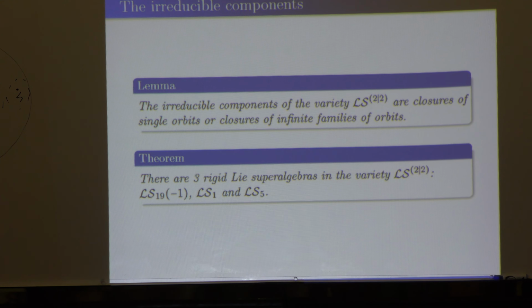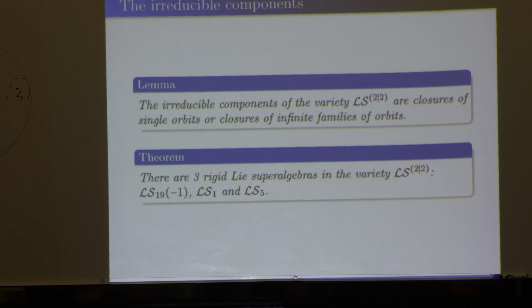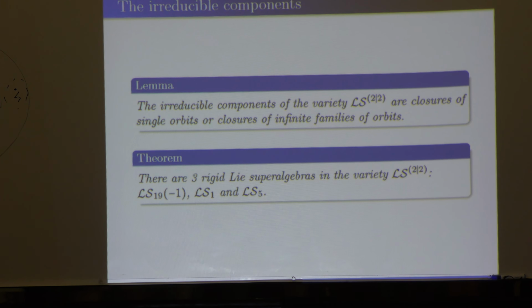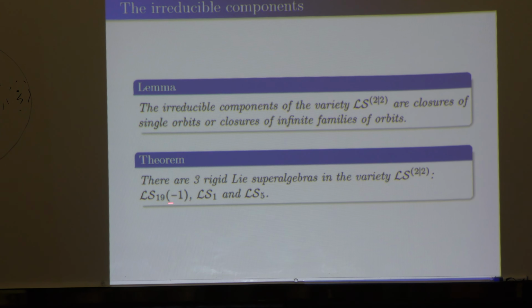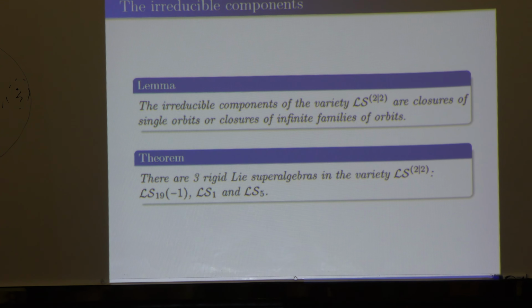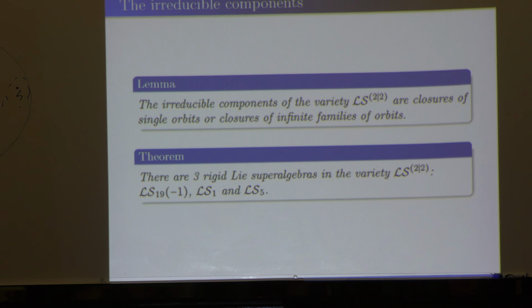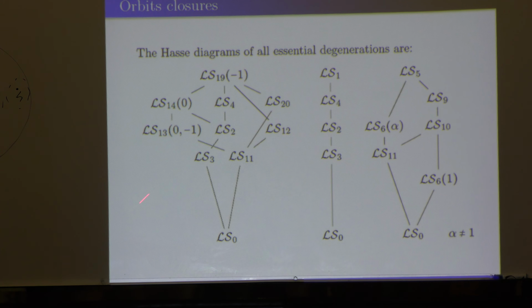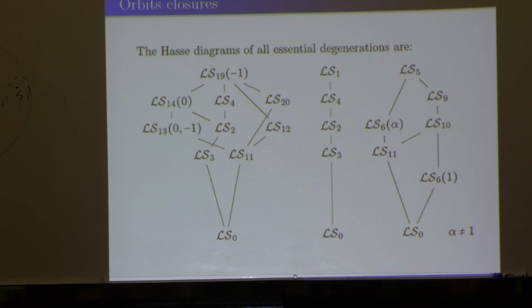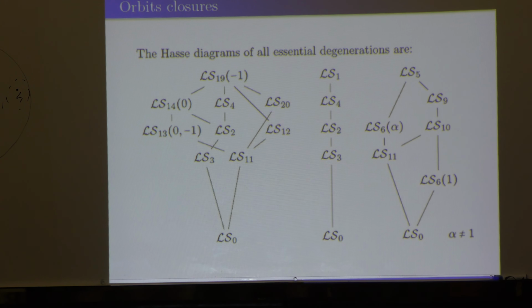First we wanted to obtain the ones that are closure of a single orbit, and to do that we compute the second cohomology group to obtain the rigid ones. It turns out that these 3, 19 minus 1, 1, and 5 are rigid. The first one that I show is rigid, and this is rigid. Every one of these gives me an irreducible component. So at least we have 3 irreducible components.